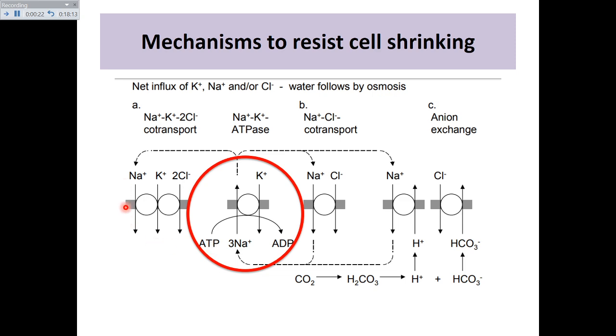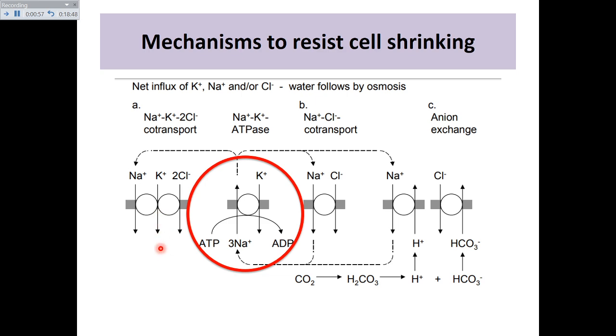We have a co-transporter called the Na-K-2Cl co-transporter. It co-transports sodium, potassium and chloride to inside the cell. This is a secondary active transporter that works when there is a Na gradient, Na low here. It becomes activated and solute enters.